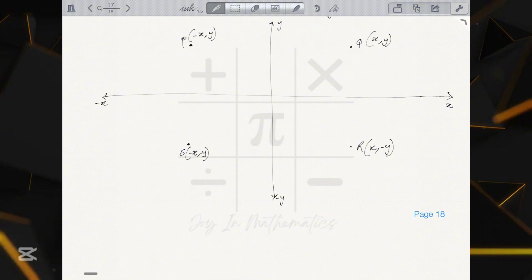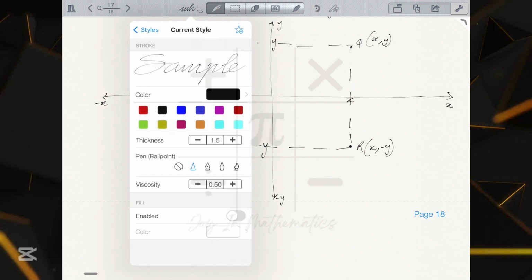They are all lines, so we can use dotted lines to illustrate their connectivity. Using dotted lines, we can say this is the point of negative X, this is the point of positive X, positive Y, and negative Y. So let's draw a line now to represent each.